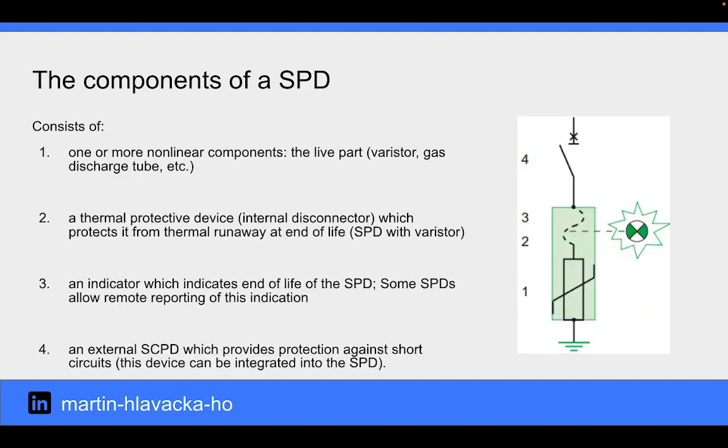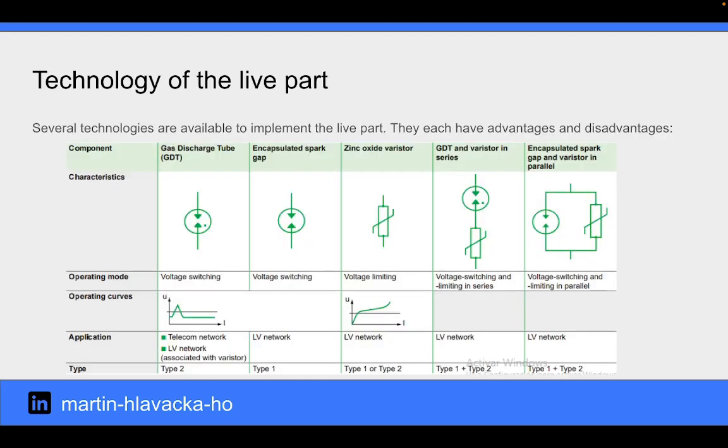The components of the SPD consist of the live part, such as the varistor, gas discharge tube, etc., internal disconnector, end of life indicator, and external or integrated circuit breaker. There are several technologies available to implement the live part.